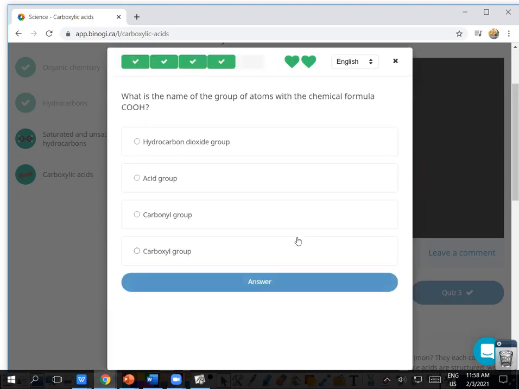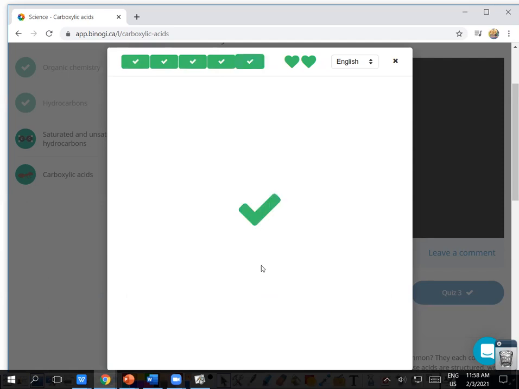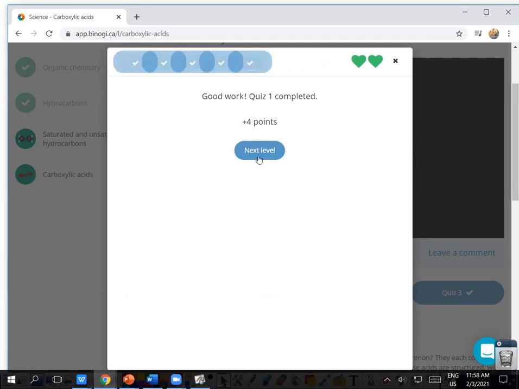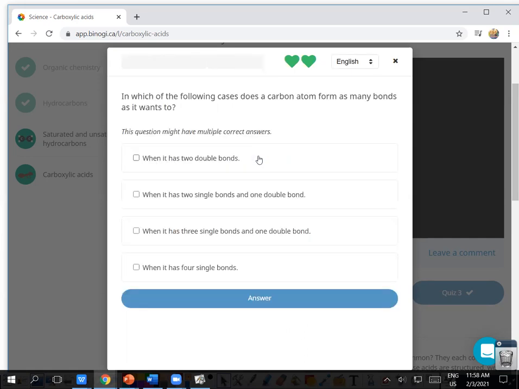What is the name of the group of atoms with the chemical formula COOH? It's the carboxyl group. In which of the following cases does a carbon atom form as many bonds as it wants to?